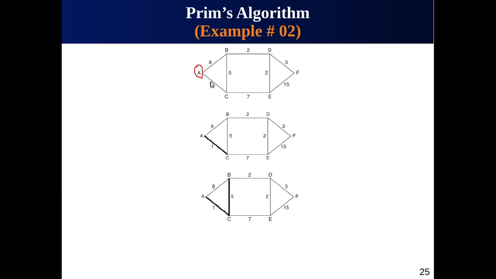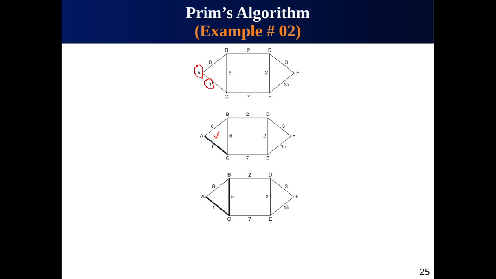Now, from amongst all the edges that leave the node A, for example, A to C and A to B, the edge with the smallest value is AC, because the value here is 1. That is the least cost. So AC has been selected, and you can see it here. The dark lines show that we have selected AC, and it is now part of the solution.